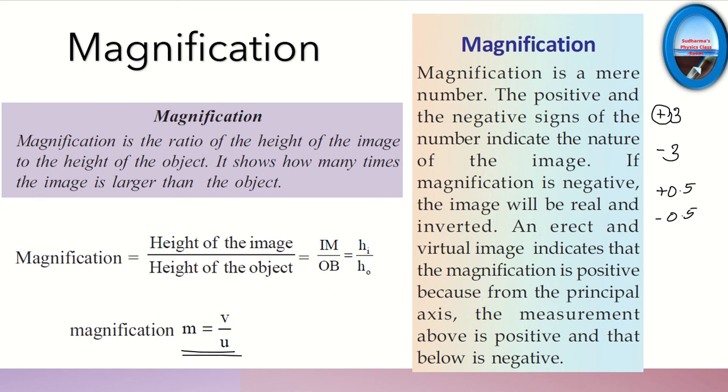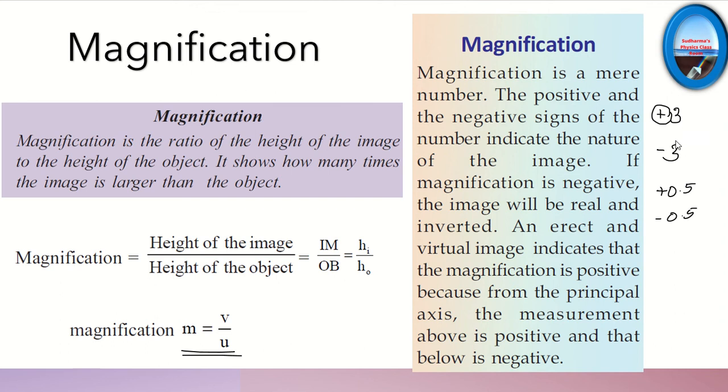So when we are given the magnification, how do you say it is real or virtual? If you are seeing a positive sign, that is a virtual image. If you are seeing a negative sign, that is a real image. So that is the basic thing we need to know about magnification and the sign related to that.